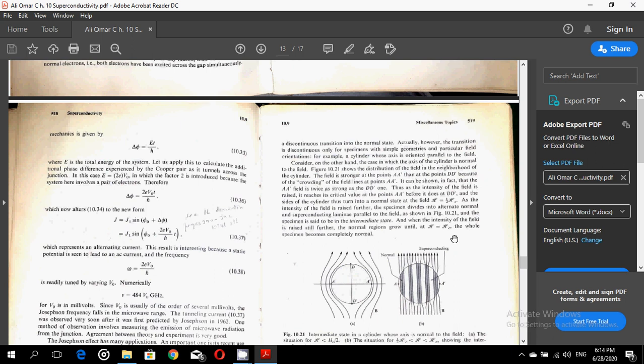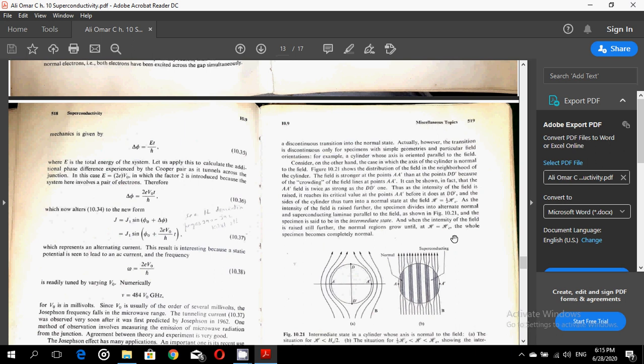the system. Let us apply this to calculate the additional phase difference experienced by the Cooper pair as it tunnels across the junction. In this case, E is equal to 2eV naught, in which the factor 2 is introduced because the system here involves the pair of electrons, the Cooper pair.